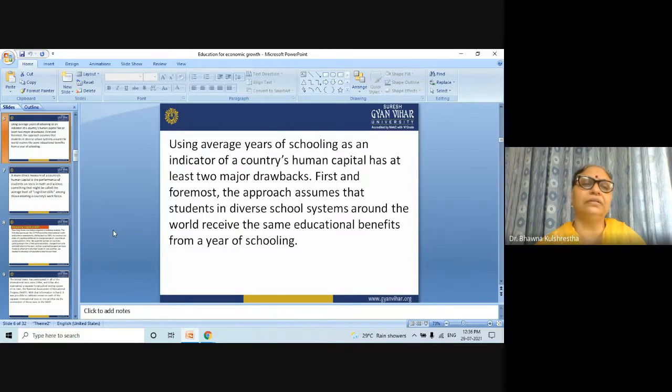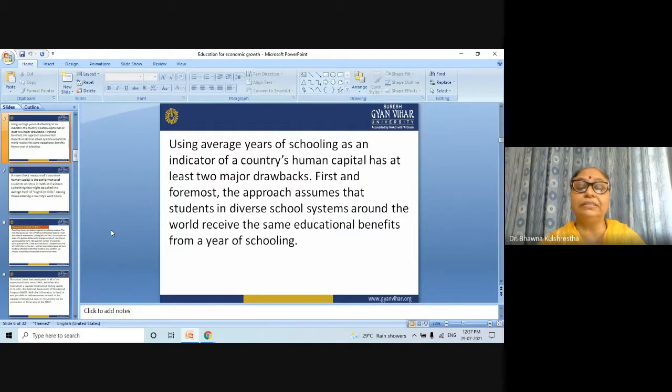A year of schooling in Papua New Guinea and a year of schooling in Japan are treated as equally productive.